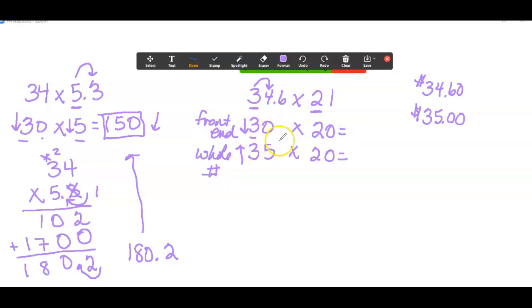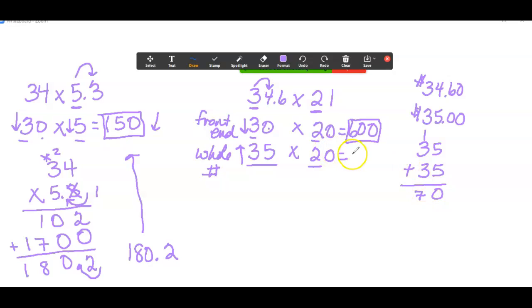So for this, I do the fact, 3 times 2 is 6, and I have 2 zeros. So 600 is this estimate using front end estimation. 35 times 2. Well, remember, 35 times 2 is the same as 35 plus 35.